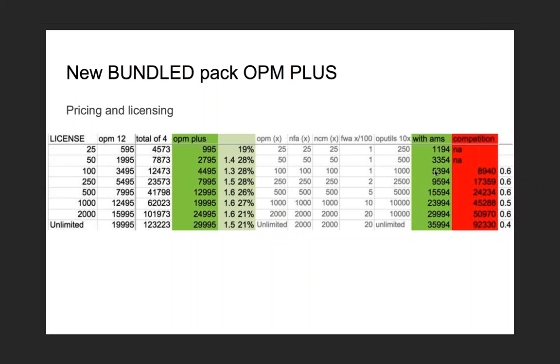Another comparison: with AMS, the annual maintenance and support, the total is going to be $5,394 for a 100 pack of OPM Plus.